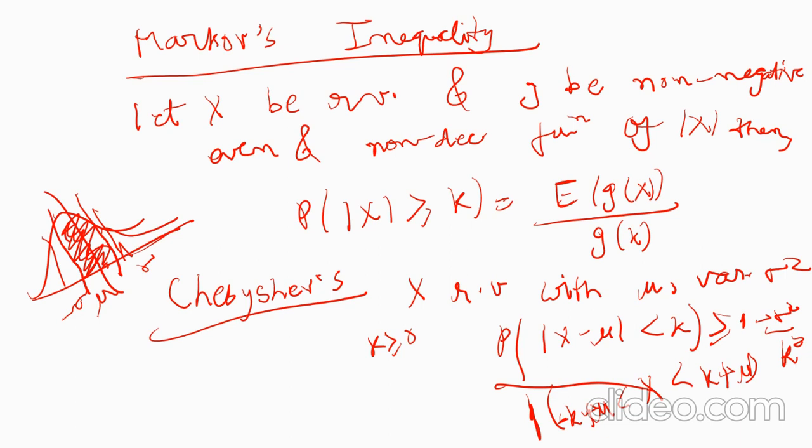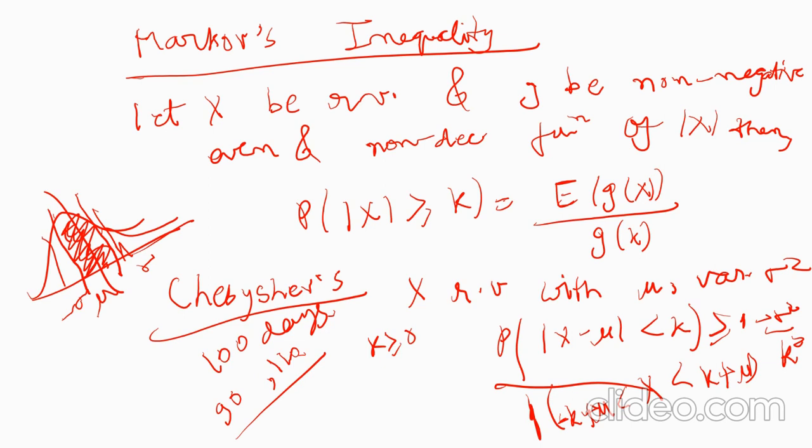It means we want to find the probability, like if on average the lifetime of a bulb is, let's say, 100 days, what is the probability that the lifetime will be between 90 to 110 days?